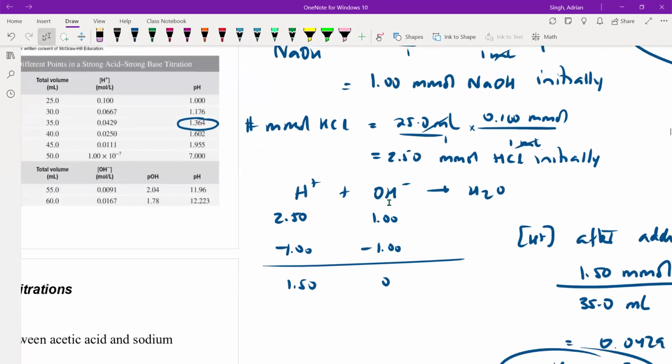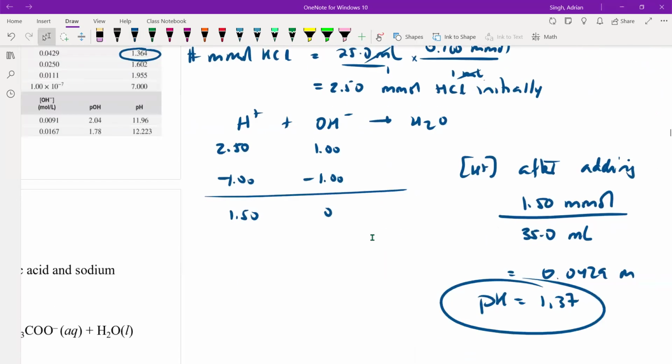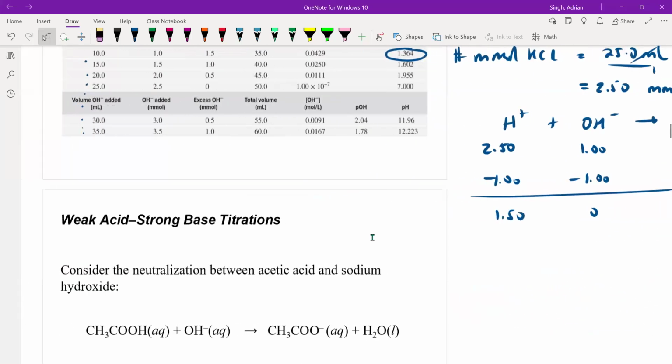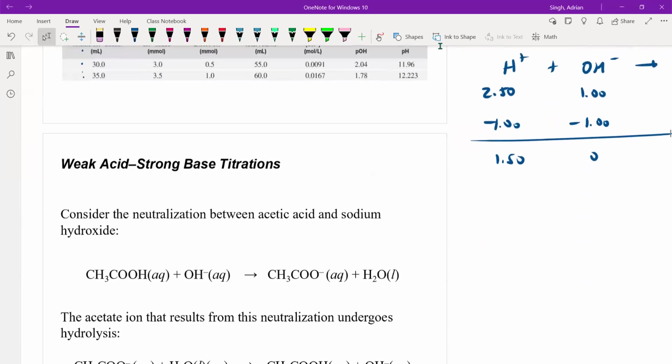We can determine how much of whichever of these two things is left over, how many moles are left over, and divide that by the total volume. That gives us either the H+ concentration or the OH- concentration, and we can then determine either the pH or the pOH of that solution. So the calculations for the strong acid, strong base tend to be a little bit more straightforward than the ones we'll see afterwards.